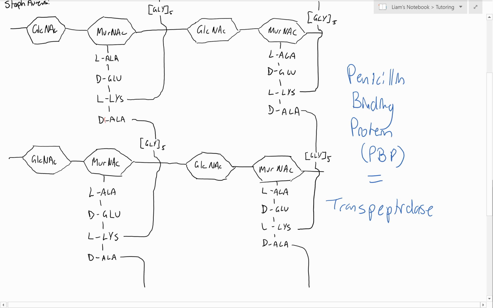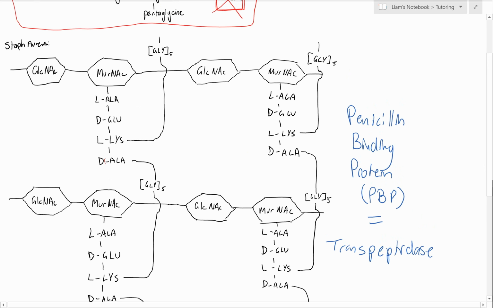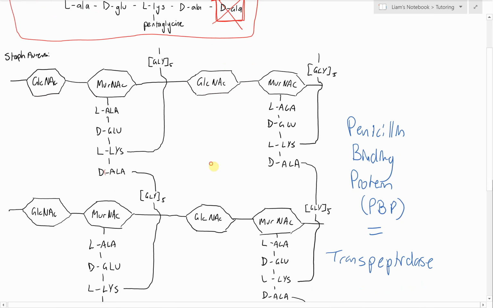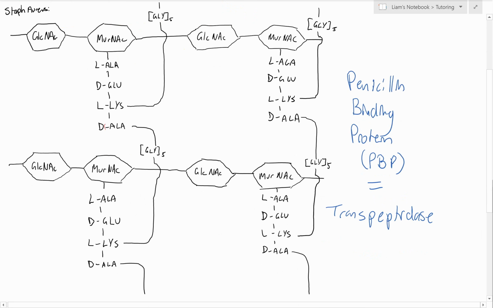What that enzyme does is it sits outside the cell membrane, in the cell wall, or in what's going to become the cell wall, and it chops off that terminal D-alanine and attaches it to the pentaglycine chain of another one of these residues. In doing that, it forms these really strong bonds, so that all these little bricks, these building blocks, are now all linked together really well.